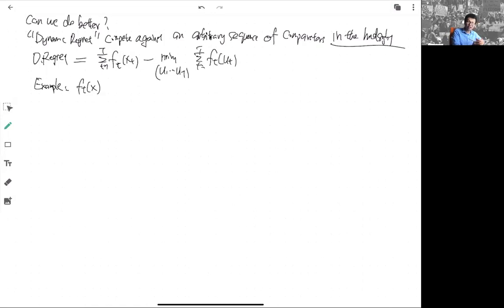At time t, before you play, before you receive any feedback, I can choose this f t of x to be x minus 1 square with probability half, and I'll choose x plus 1 square with the other probability half. So what is the best dynamic expert in hindsight?